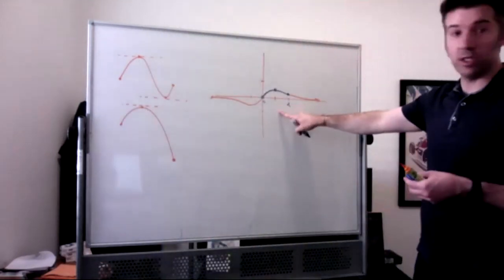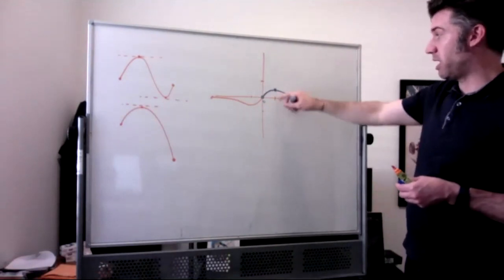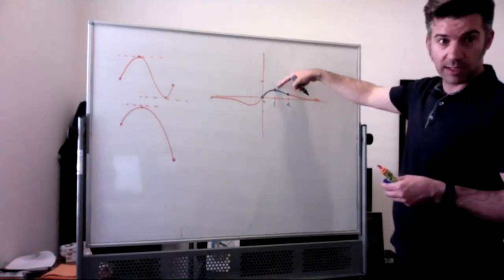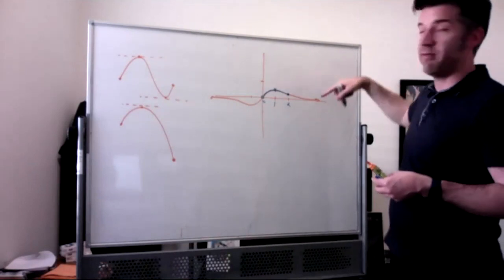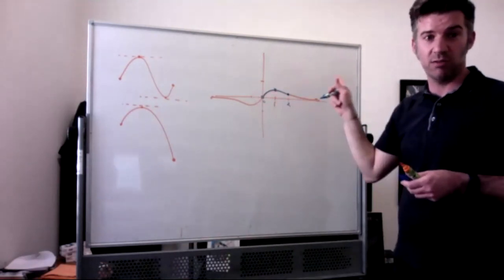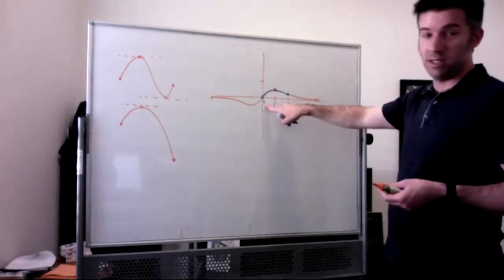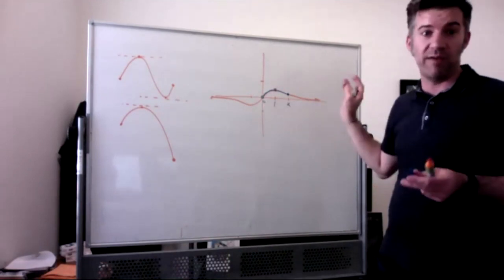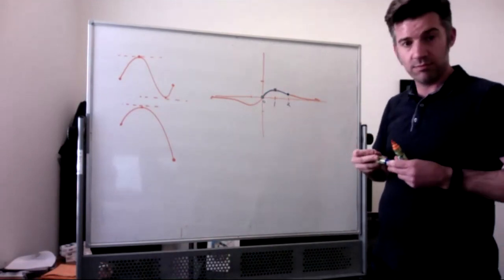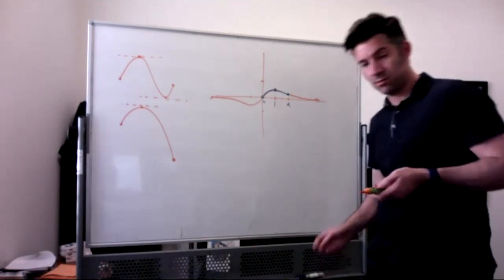And in that section, the maximum is right there at 1, when x equals 1, right? That's the biggest y value of all the y values in the blue section. And the minimum is over there at 0. That's the smallest y value for all the y values in this section. Okay.